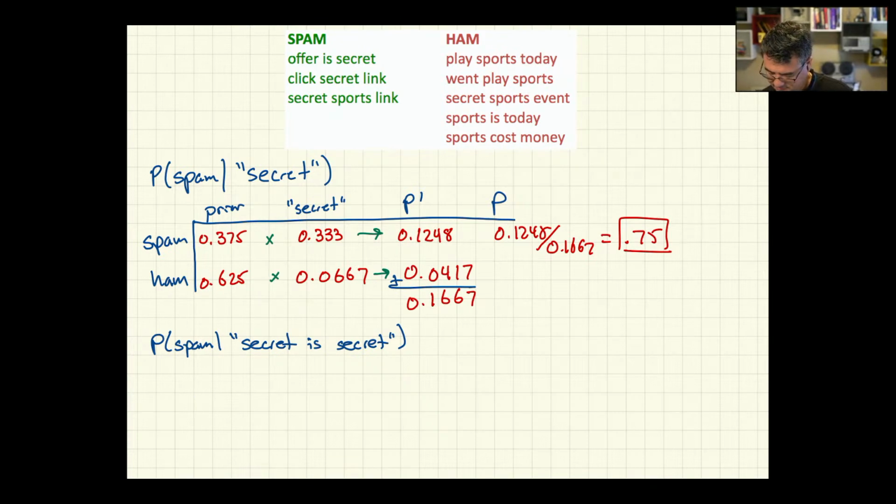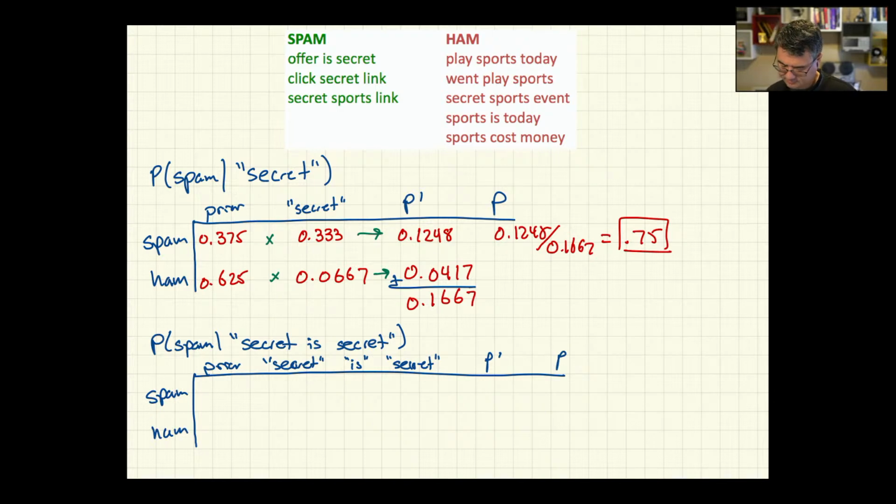Let's set up our table. Okay, we know some of these numbers already, 0.375 and 0.625. Secret is 0.333 and 0.0667. Same thing under the other secret column.